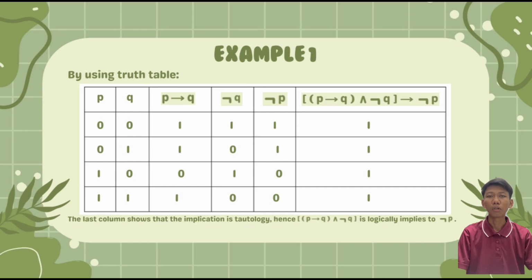Also same for not P, we get 1, 1, 0, 0. So for this symbolic form we get 1, 1, 1, 1. So the last column shows that the implication is a tautology, which means the last column is identical, 1, 1, 1, 1. Hence this symbolic form P then Q and not Q logically implies not P.